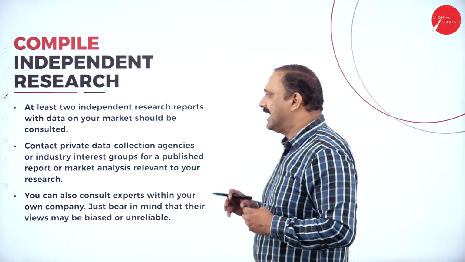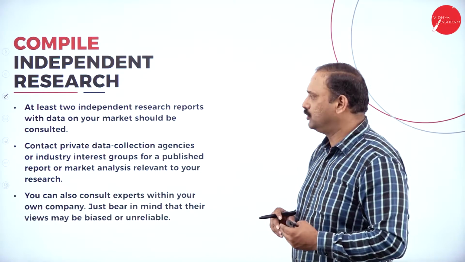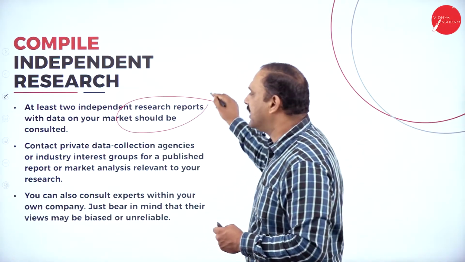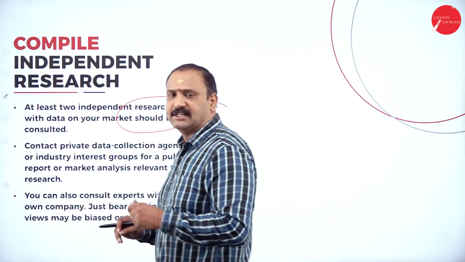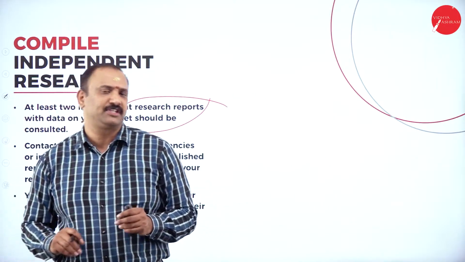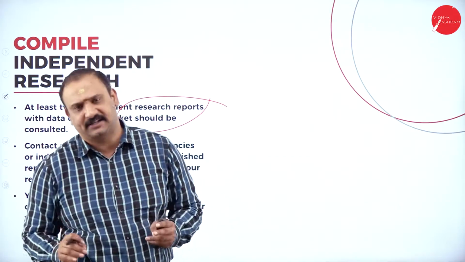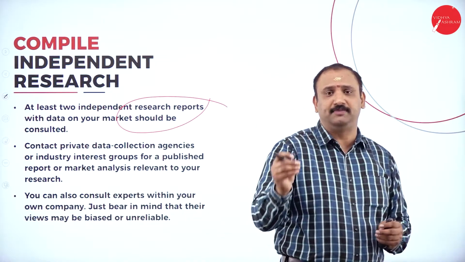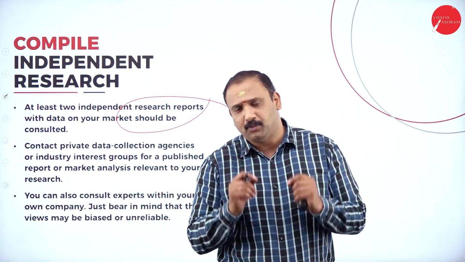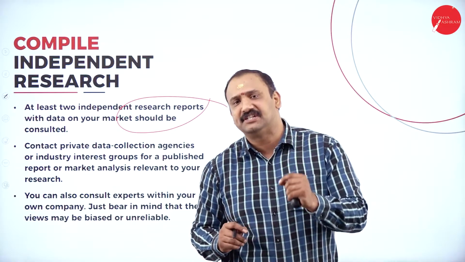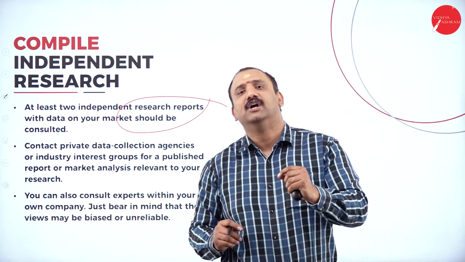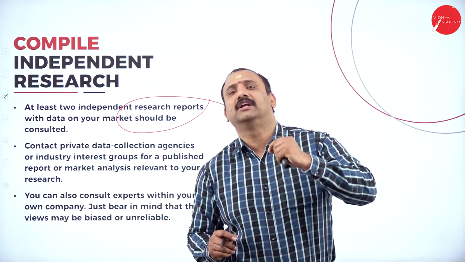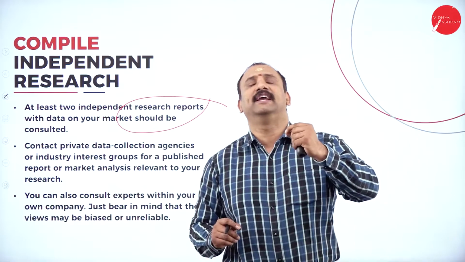Now, compile an independent research altogether. At least 2 independent research reports with data on the market should be consulted. It is very easy for most of us to just copy down the data and start creating a report, but that is not expected. What we want is independent research report data that tells us exactly what you have done in terms of the analysis.